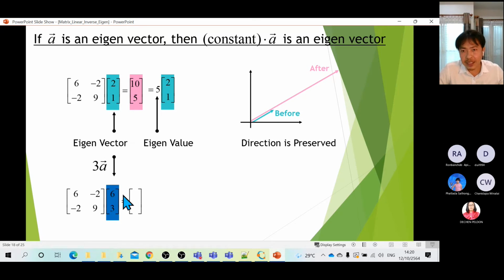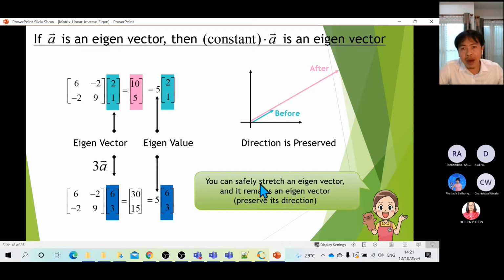I now get 6, 3, which is 3a. Is this still an eigenvector? The answer is yes. If I do the multiplication, I get 30 and 15. I can factor out the number 5 and get back the same vector. So what this means is that if we have an eigenvector A and multiply it by a constant, you still get an eigenvector.